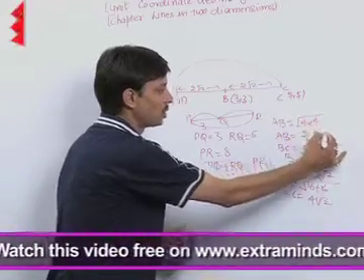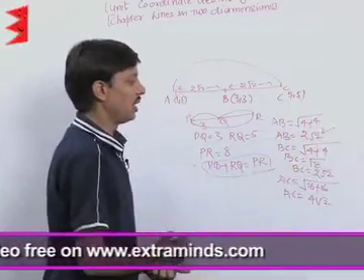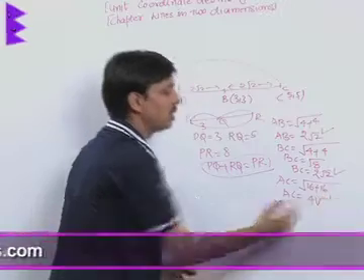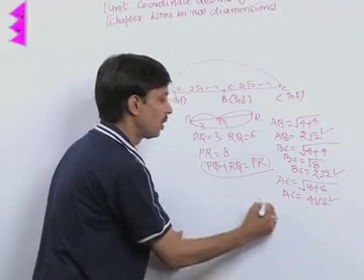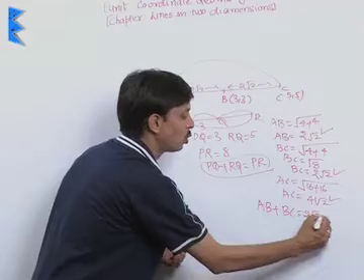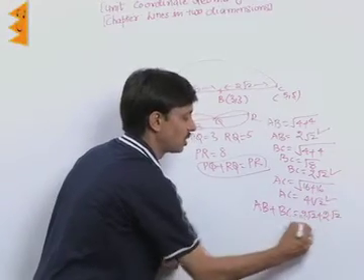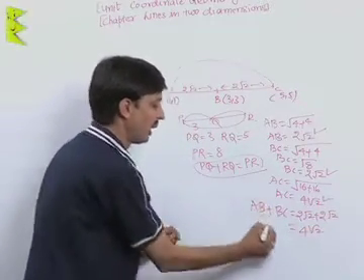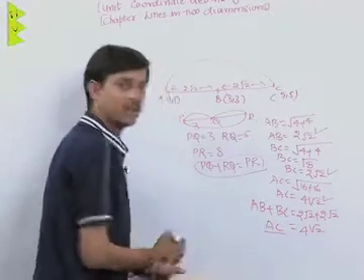Here from these calculations, AB is 2 root 2, BC is 2 root 2, AC is 4 root 2. AB plus BC, that is 2 root 2 plus 2 root 2, is coming out to be 4 root 2, which is equal to the length AC.